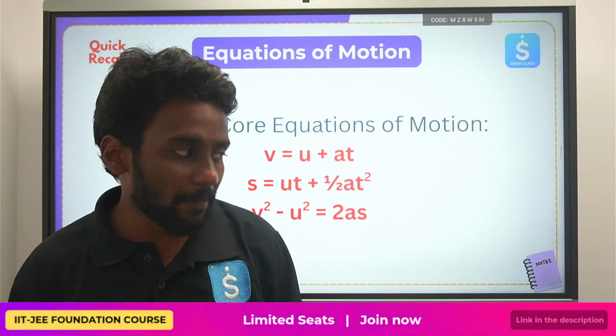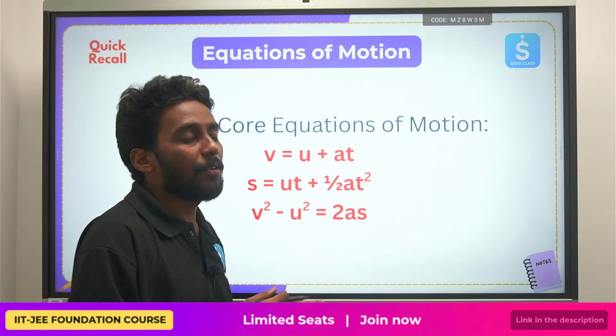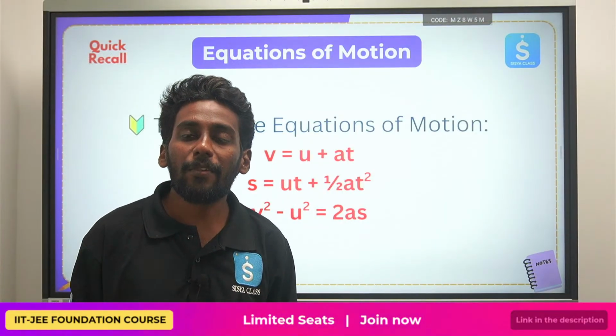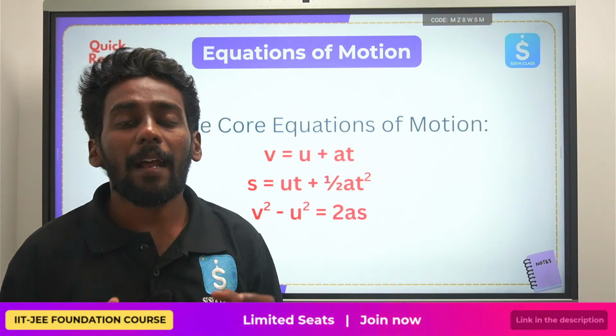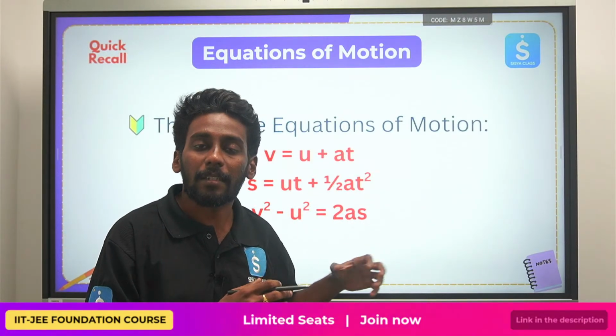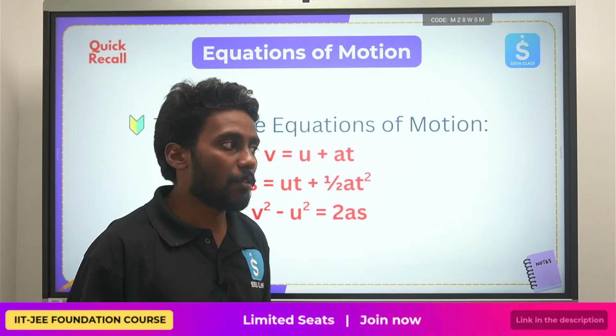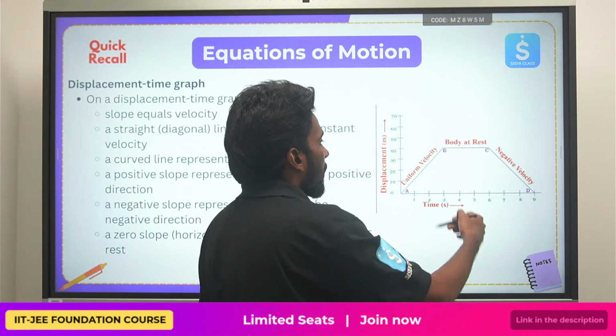How can you decode that graph, get all the variables you require, and find the other variables asked in the question? Let us go into the graph part now.